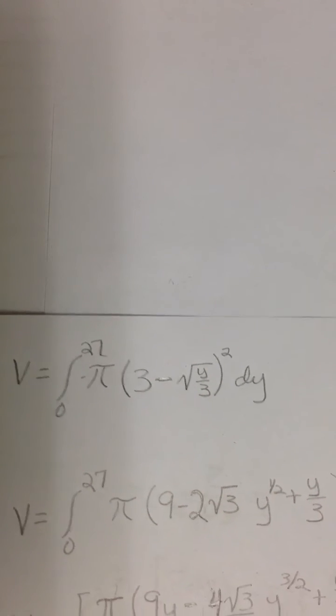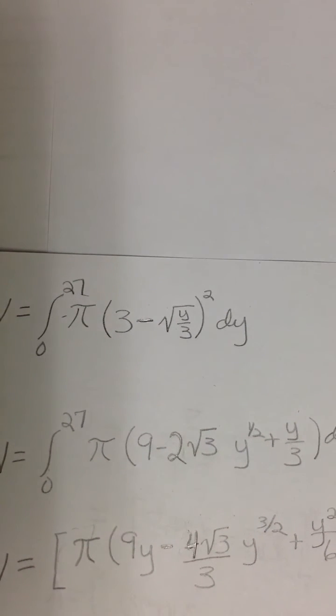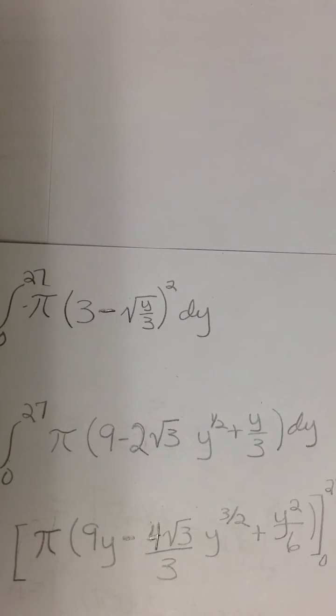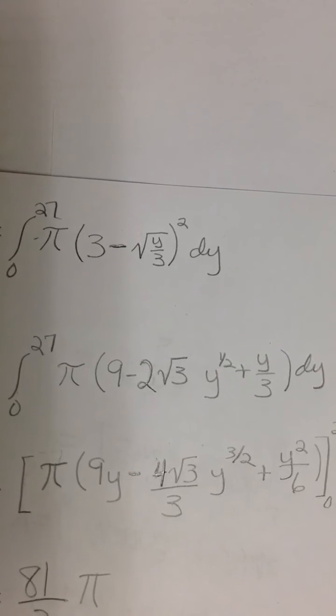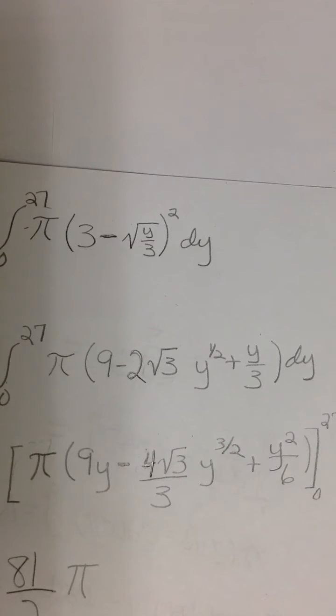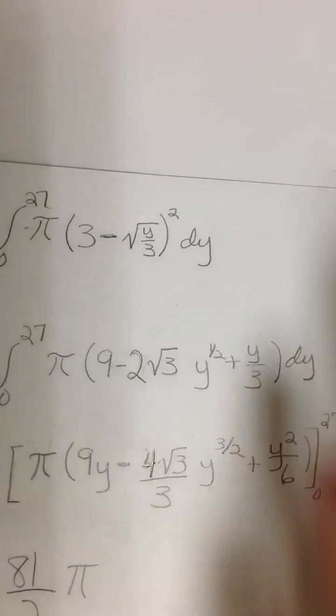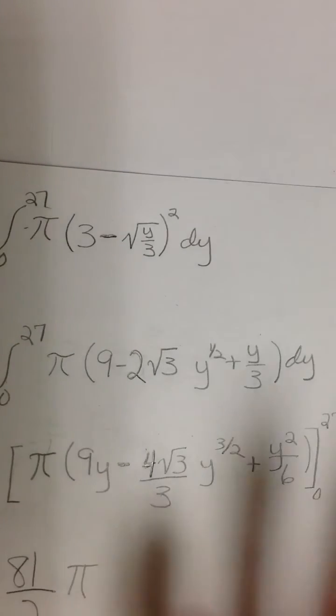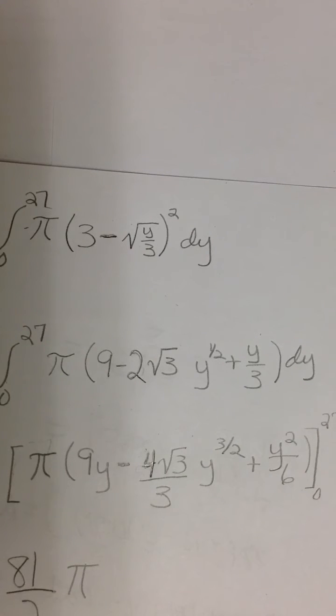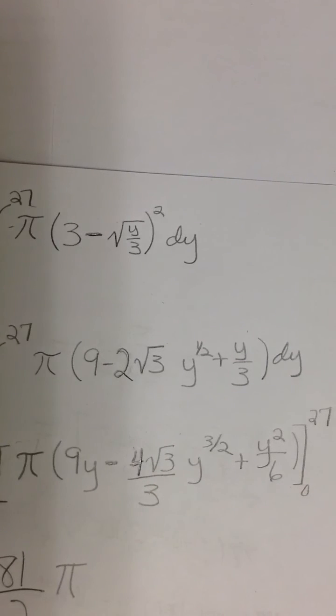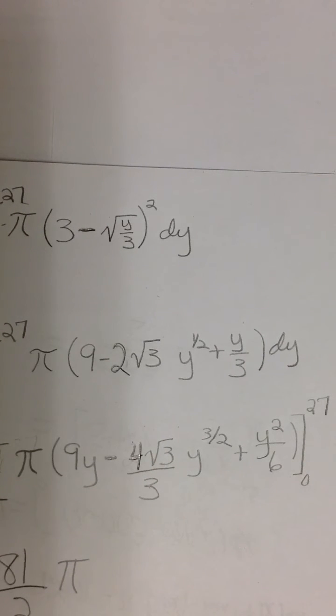For the volume, going from 0 to 27, you have pi times 9 minus 2 times the square root of 3 times y to the 1/2 plus y thirds. Then applying the power rule of integration, we have pi times the quantity 9y minus 2/3 of y to the 3/2 times 2 times the square root of 3. We have our coefficient at minus 4 times the square root of 3 over 3 times y to the 3/2, plus y squared over 6, as y goes from 0 to 27.